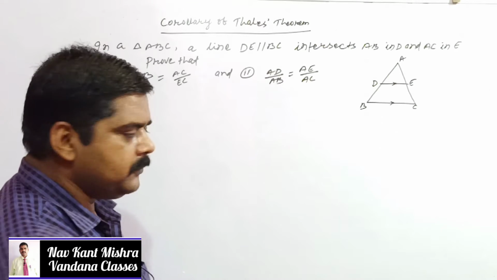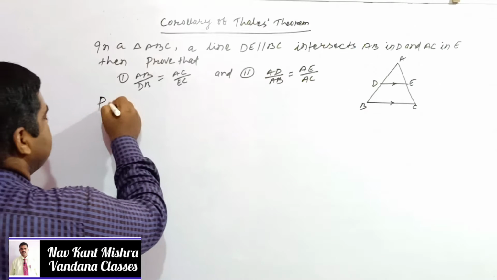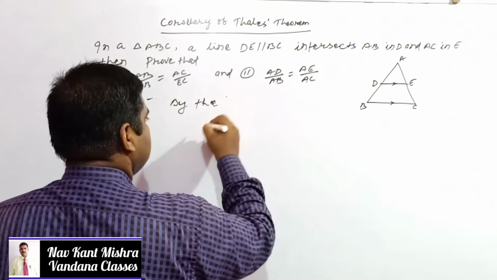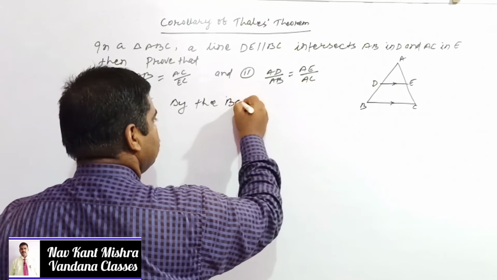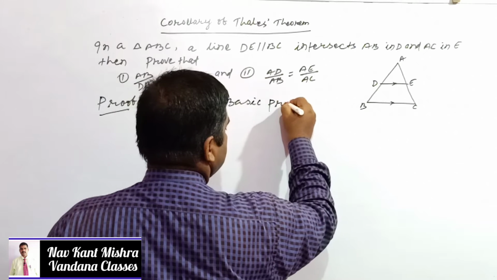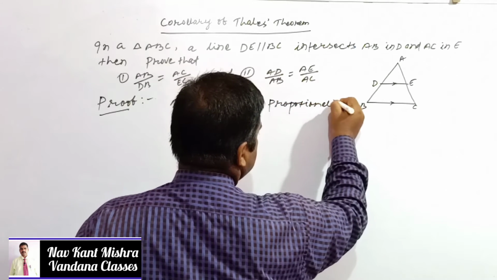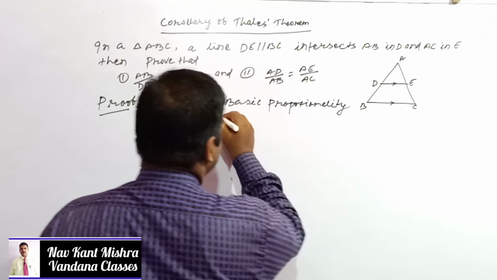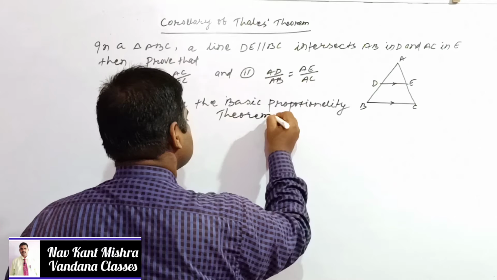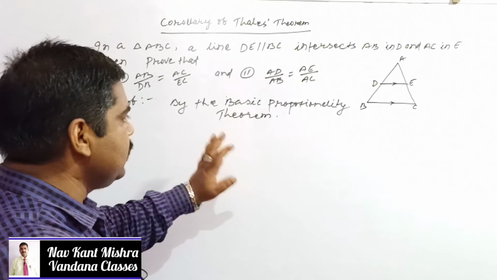Let's start with the first one. Its proof starts with the basic proportionality theorem.